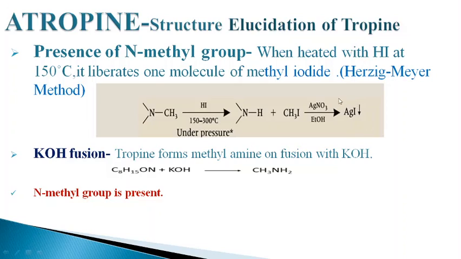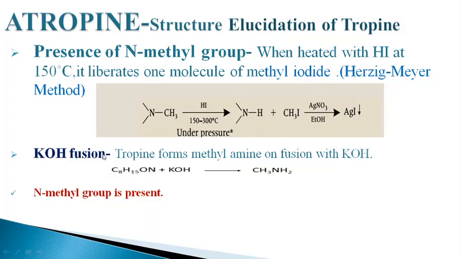The quantitative estimation of this silver iodide determines the presence of the N-methyl group in tropine. This method is known as the Herzig-Meyer method.